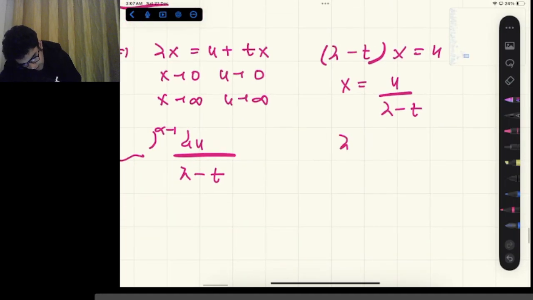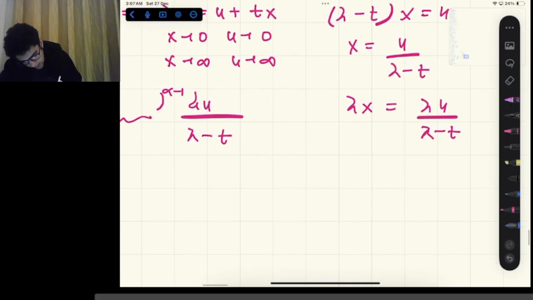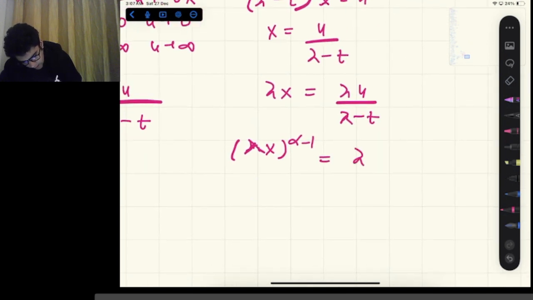This means that lambda x becomes lambda u by lambda minus t, and lambda x to the power alpha minus 1 becomes lambda u by lambda minus t to the power alpha minus 1.